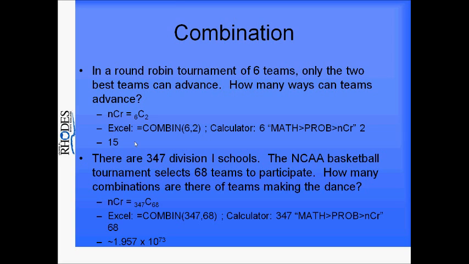They just want to know how many combinations so that you make it. So what you do is it's 347. Order doesn't matter. You just got to make it. So 347 combinations, so C, and then 68 teams that you're selecting. And it should be a huge number. So there's a bunch of combinations when it comes to the teams making the tournament: 1.9 times 10 to the 73rd. So there's a lot of combinations.